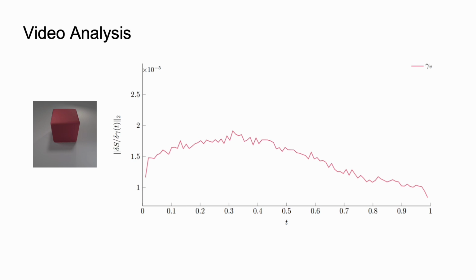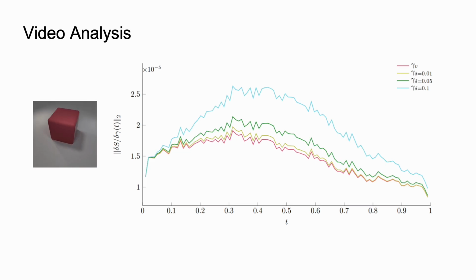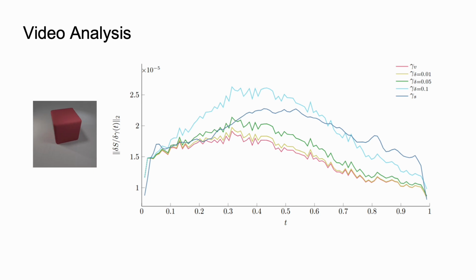For each video, we compute the magnitude of the functional derivative along its latent path and compare with several baselines, including the perturbed by different amount of noise and the over-smoothed version of the path. Both of them increase the functional derivative and get far away from the geodesic.